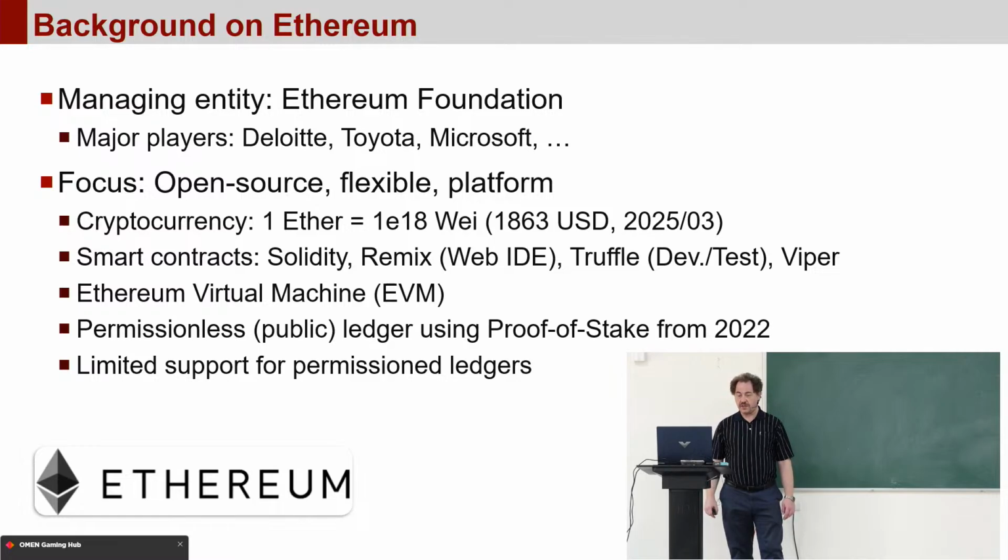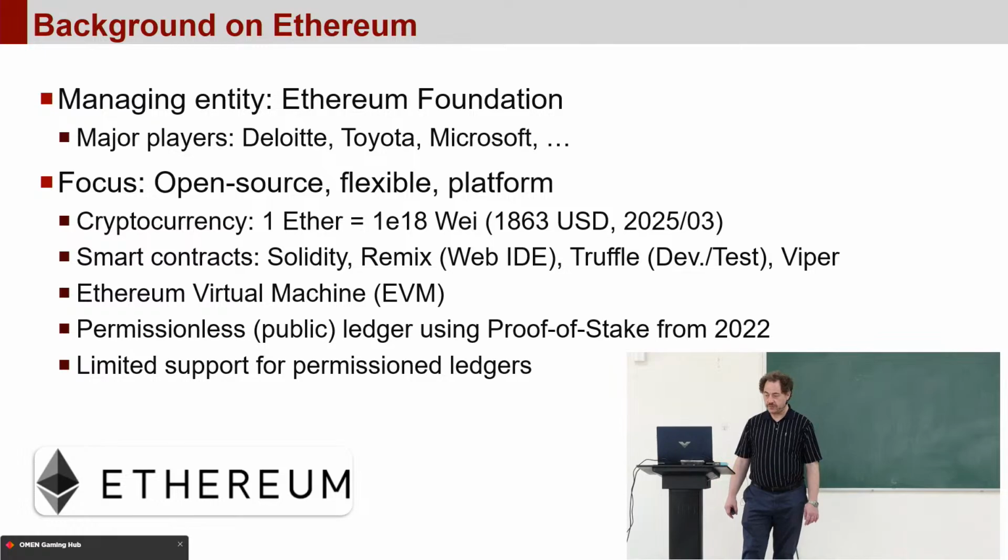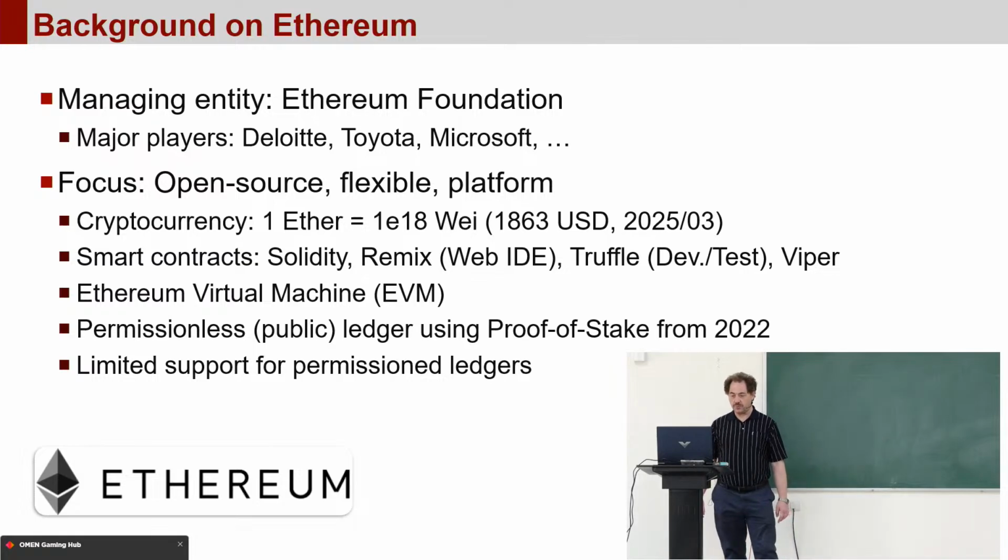It came up with the idea of smart contracts and the Ethereum virtual machine, which we will be covering. And it is permissionless. Initially, it was using proof of work, but later it switched to proof of stake.